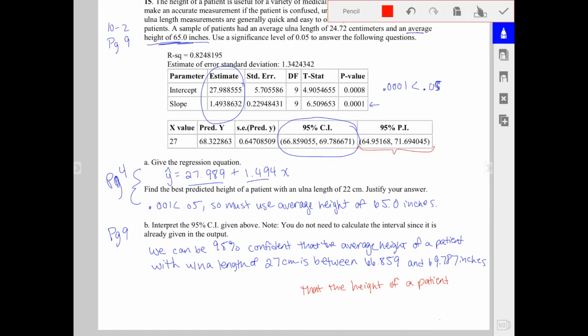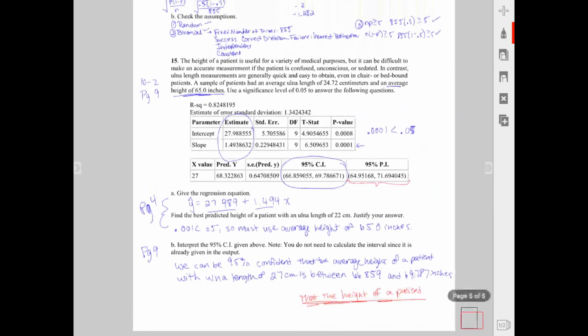We would not say average height of a patient with ulna length of 27 centimeters is between 64.952 and 71.794 inches. So the only difference for prediction interval and confidence interval in the interpretation falls right there. We're not talking about the average height anymore. We're talking about just that one patient.